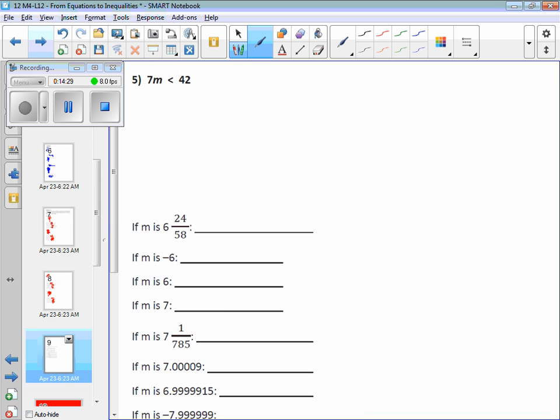Okay, last one. Do what to both sides? What cancels? What's 42 divided by 7? All right, here we go. Is 6 less than 6? Is negative 6 less than 6?